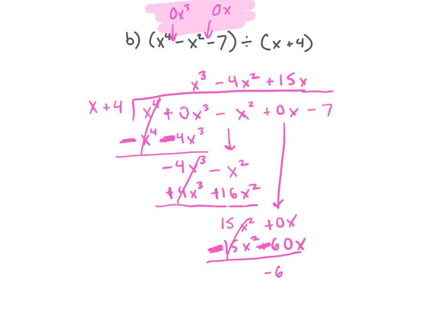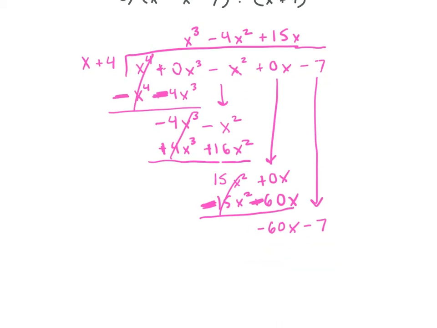Negative 60x. Drop down the 7. Can we get another number? Did we use our last spot? No, we still have our constant to put up there. So what times x gives us negative 60x? Negative 60.